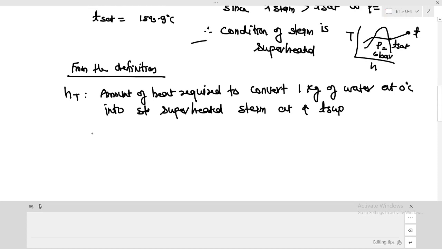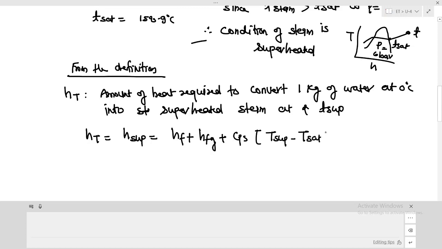And how do you calculate this heat from the formula? This is nothing but H superheated, and this can be calculated by Hf plus Hfg plus Cps into (T superheated minus T saturated) kilojoule per kg.